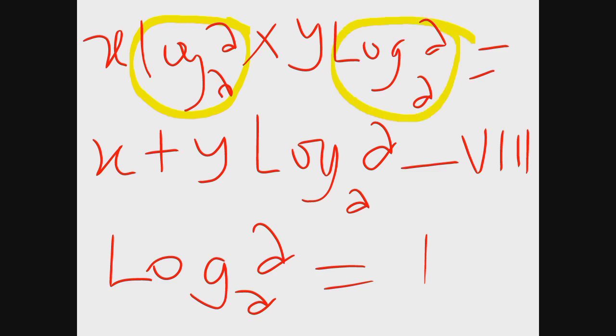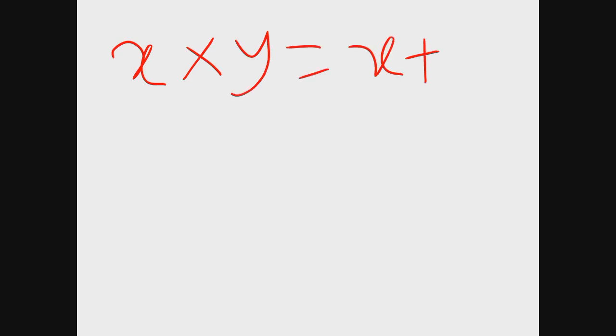That means the left hand side of equation 8 will be left with x multiplied by y. Also, log a base a here will turn to 1, so the right hand side will be left with x plus y. So we have x multiplied by y equals x plus y. Let's call this equation 9.